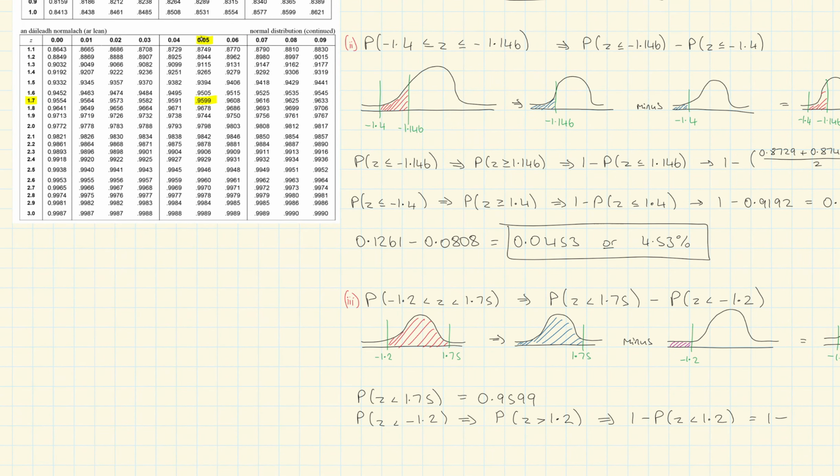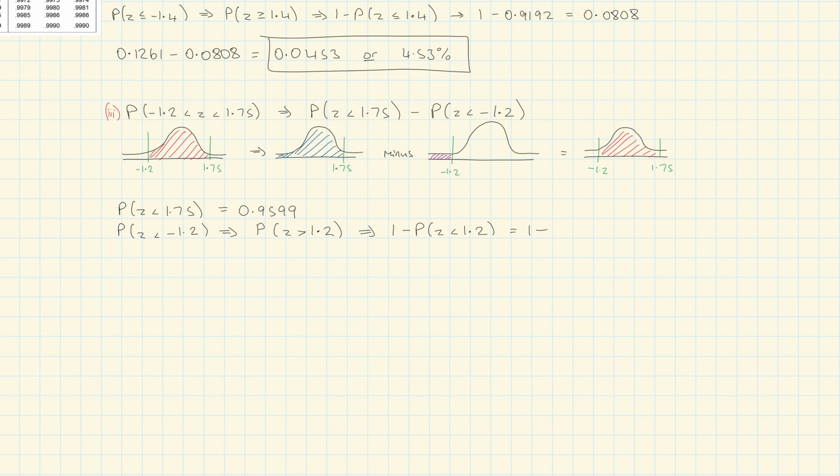To our log tables, we're looking for the probability of 1.2. There's 1.2 and 0, so we get 0.8849. Into our calculators, 1 minus 0.8849 will give me 0.1151.